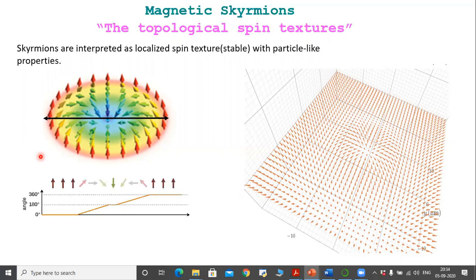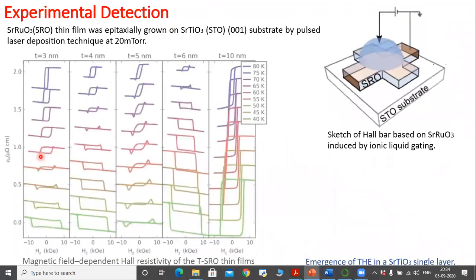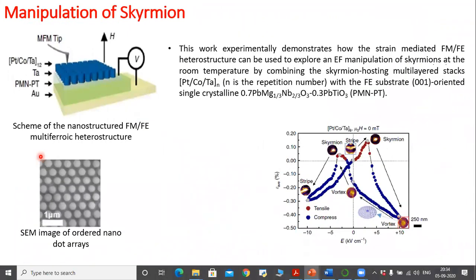And just one more clarification I need. Can you go to the slide on manipulation of skyrmion? There was something like Mg 1/3. What do this 1/3, 2/3 mean? Suppose you are making the MgNb material. In 1 gram of MgNb material, 1/3 will be magnesium and 2/3 will be niobium.